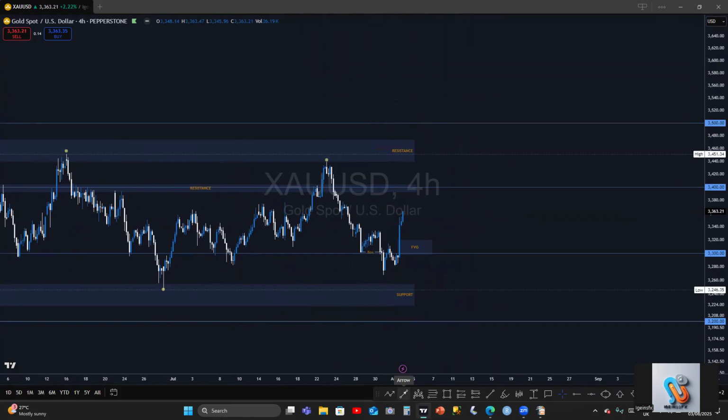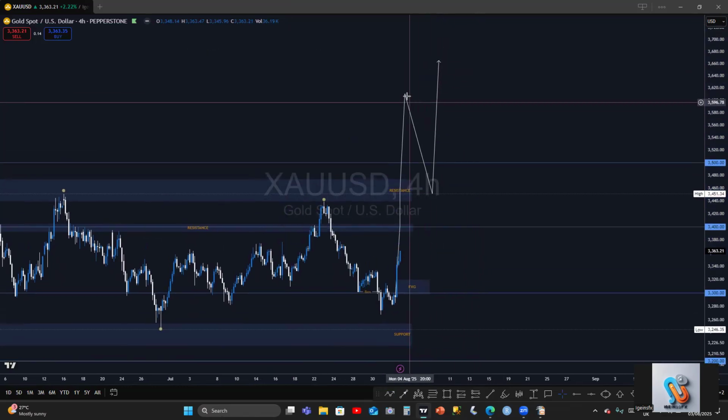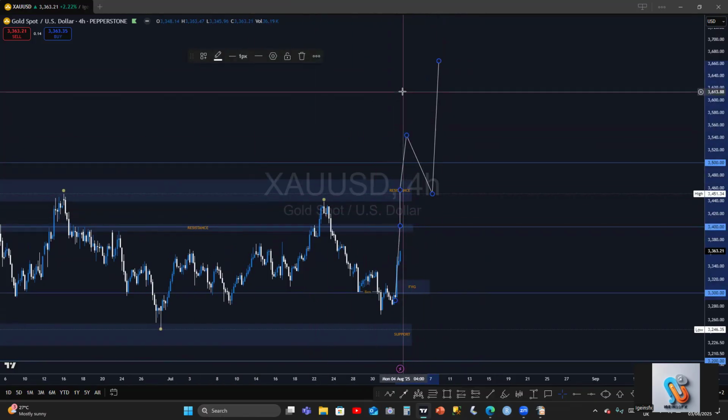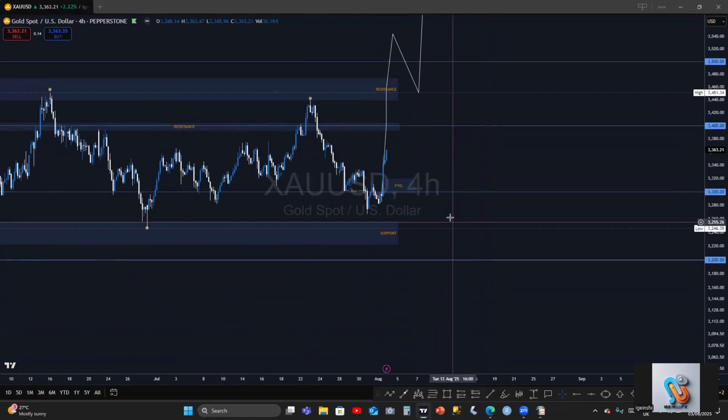So the scenario is like this: if he managed to break this resistance, then we have another fight here because it's an obvious resistance as well. If it breaks above, let it come back, retest the high, then we can now buy.